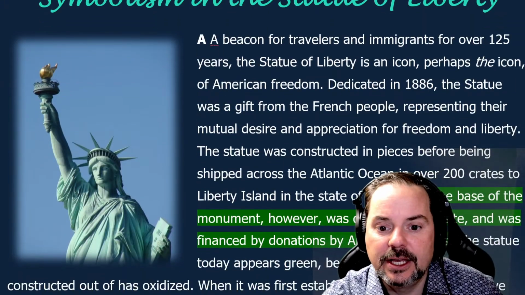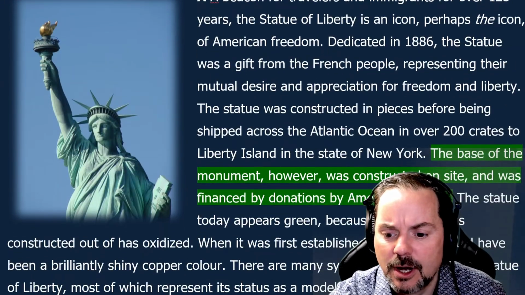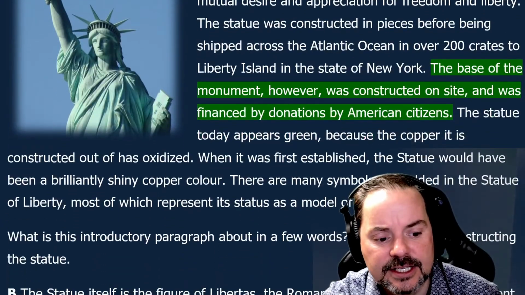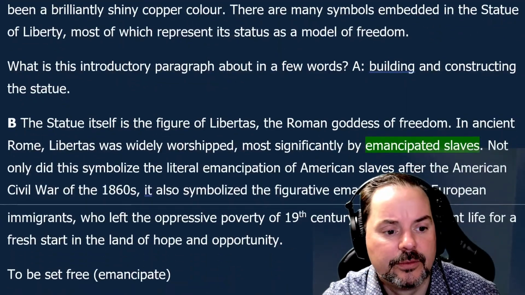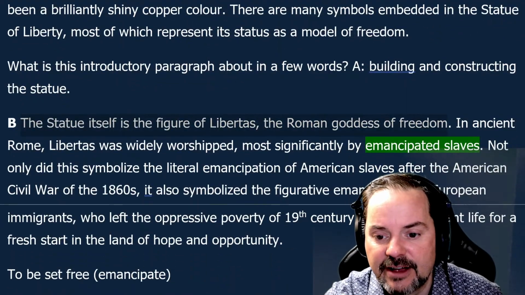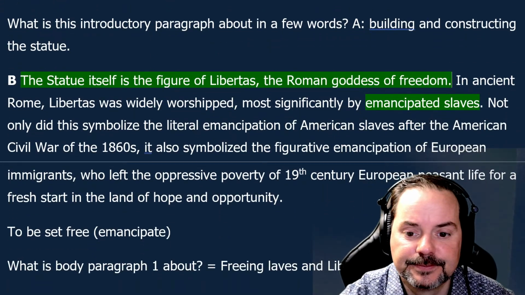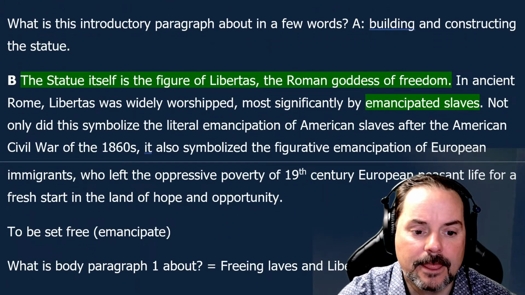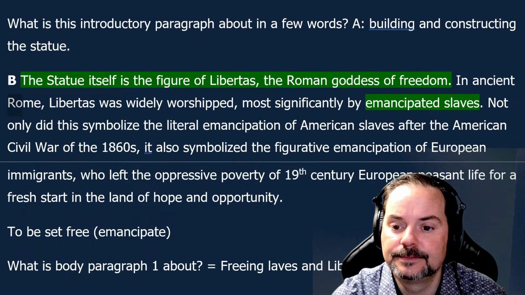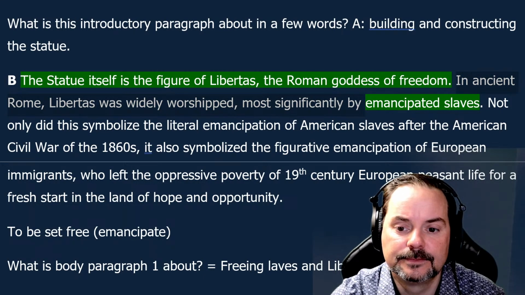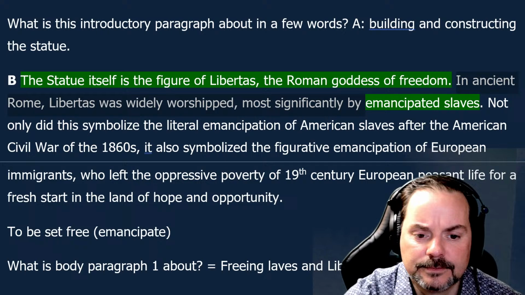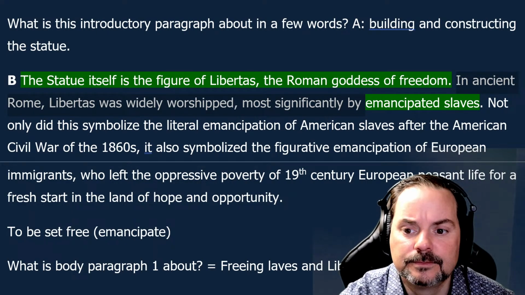So here, somewhere in the beginning, it tells us. Read this sentence, the first one of paragraph B. I'm going to highlight it here for you, James. "The statue itself is the figure of Libertas, the Roman goddess of freedom."